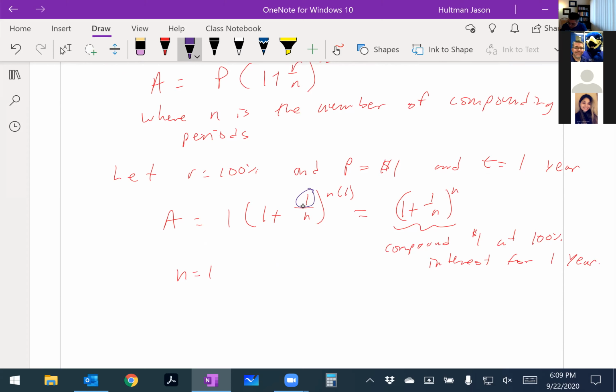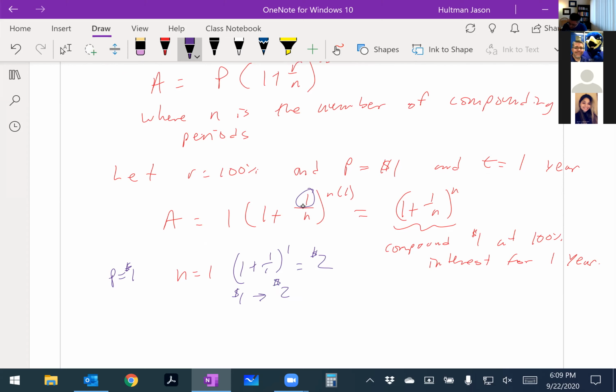So if n is equal to 1, then it goes 1 plus 1 over 1 to the 1 power, which is equal to 2. The n is the number of compounding intervals, and P is always equal to $1. So I went from $1 to $2.